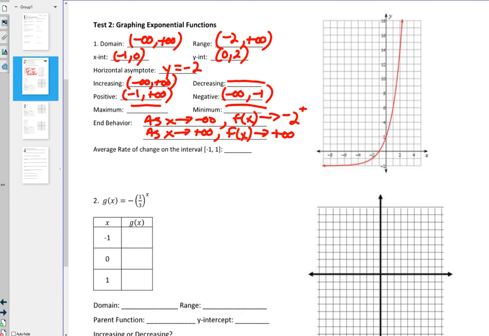Sam, what does rate of change mean? Slope. Good. So remember, this is not a point here. This is an interval. So what they want to know is, okay, when x is -1, well, we just talked about that. That's on the x-axis. And then when x is 1, which is right around here, I would say.